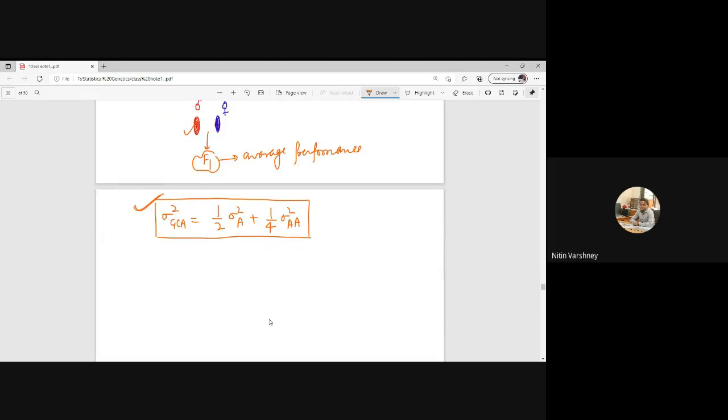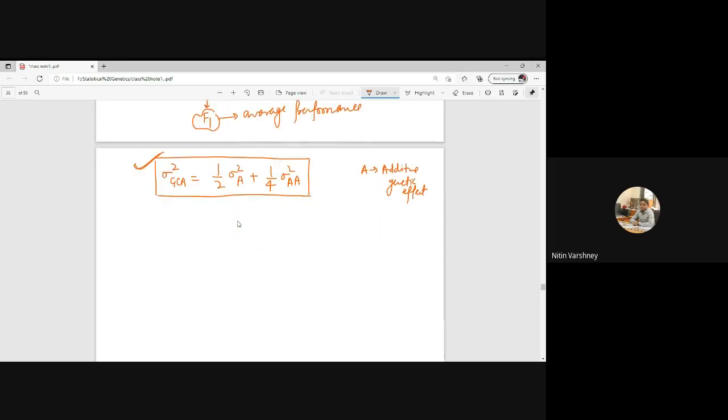So this is half sigma square A, where A represents the additive genetic effect. Now, just like additive and general combining ability, we will move to the specific combining ability, that is SCA.